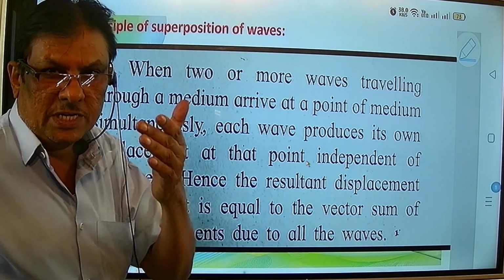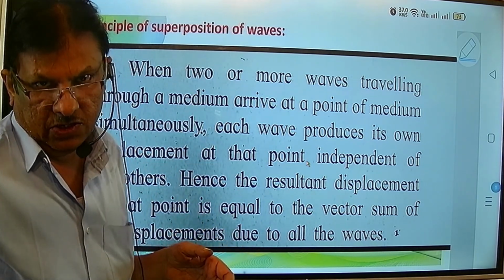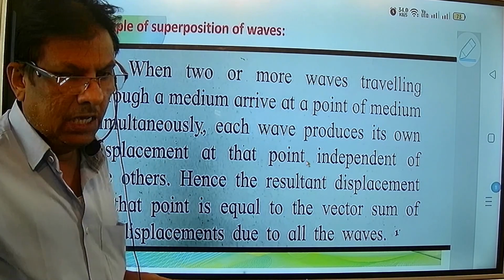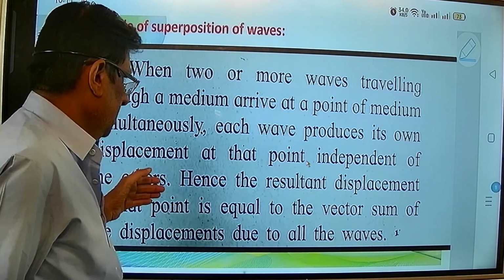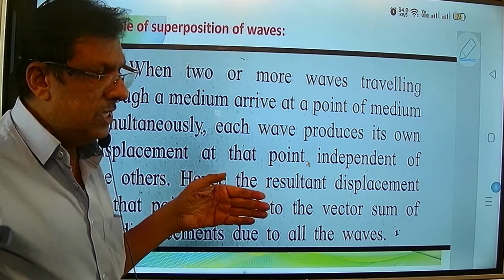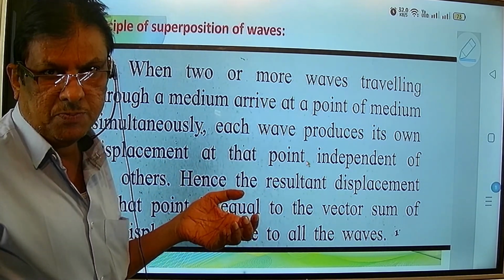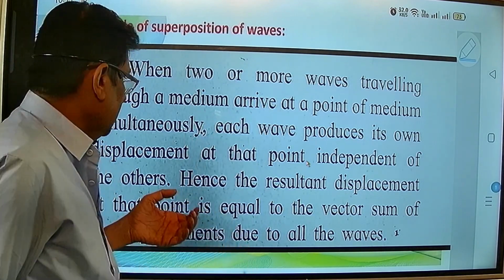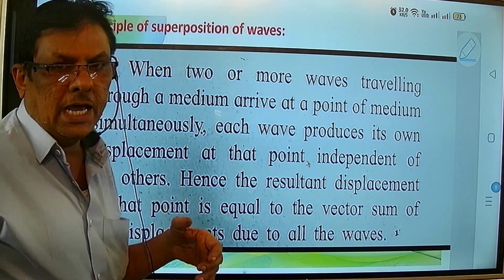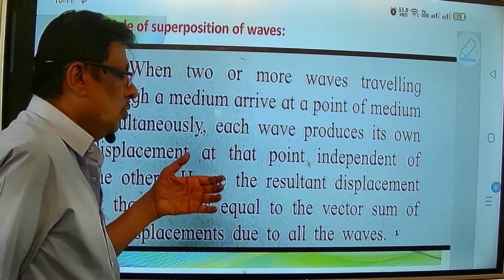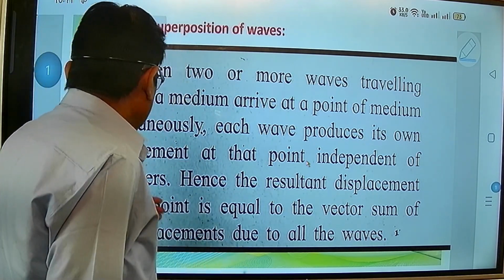Suppose one is coming from Manmad to Ahmednagar and one is coming from Pune to Ahmednagar, and if I take the distance from Pune to Ahmednagar as 120 kilometers and suppose I take 150 kilometers from Ahmednagar to Manmad, what happens?